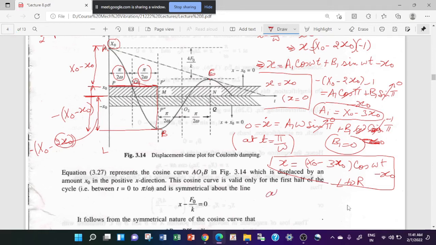So at point C, t is equal to 2 pi upon omega, and this gives the value of x equal to capital X naught minus 4 small x naught here.